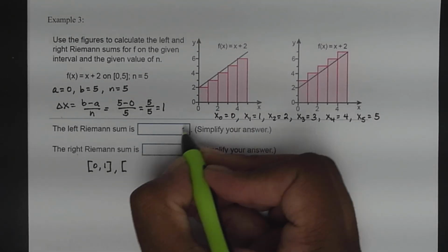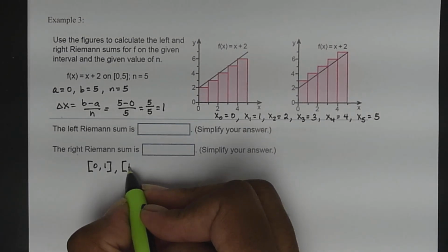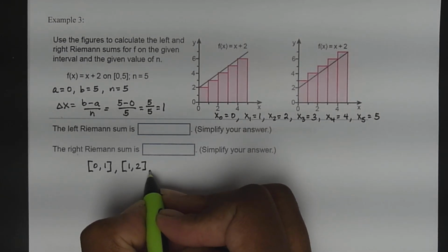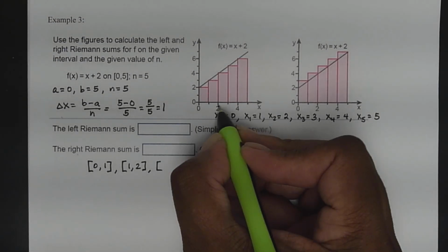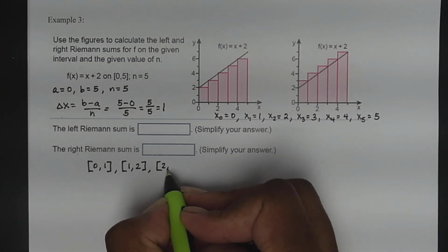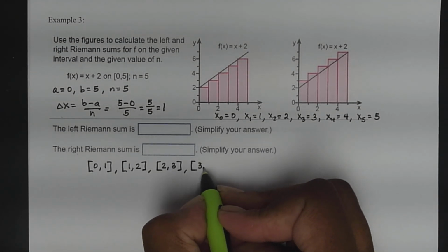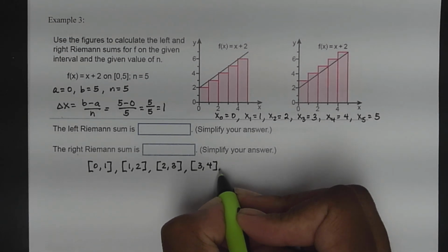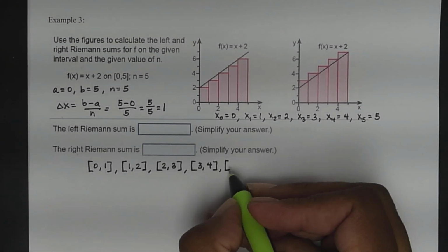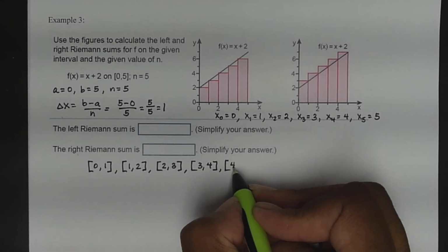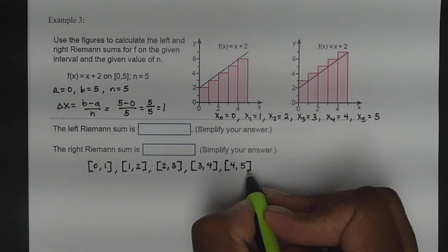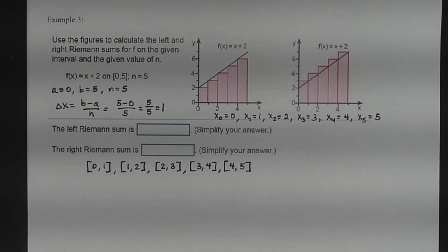The next one would be from 1 to 2. The next sub-interval will be from 2 to 3. The fourth one would be from 3 to 4. The last one would be from 4 to 5. So here I have 5 sub-intervals.